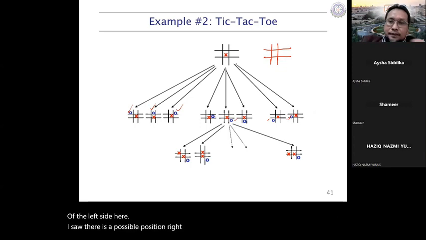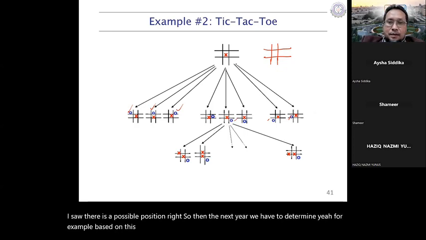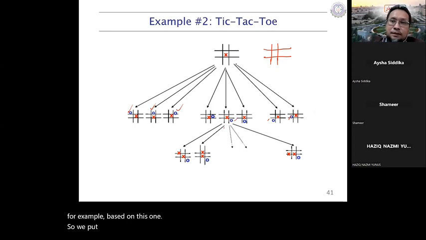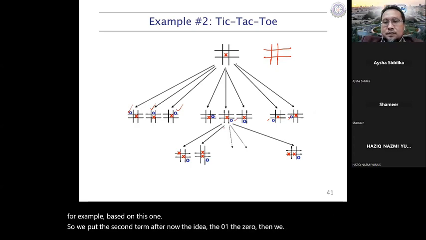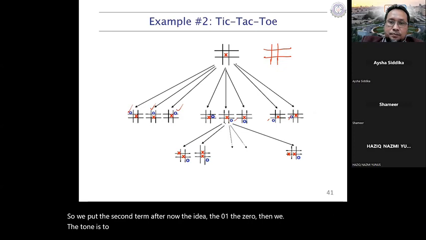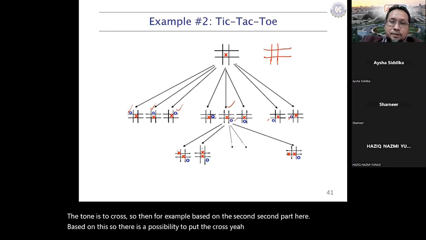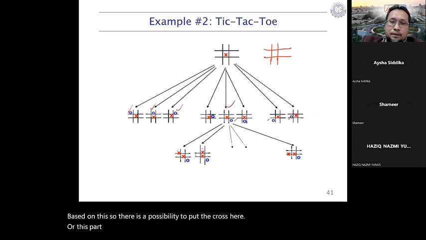So then for the next step, we have to determine, for example, based on this one. We put the second turn after north, here the 0 1. Then the turn is the cross. So based on the second part, there is a possibility to put the cross here, or this part, or this part, or this part.